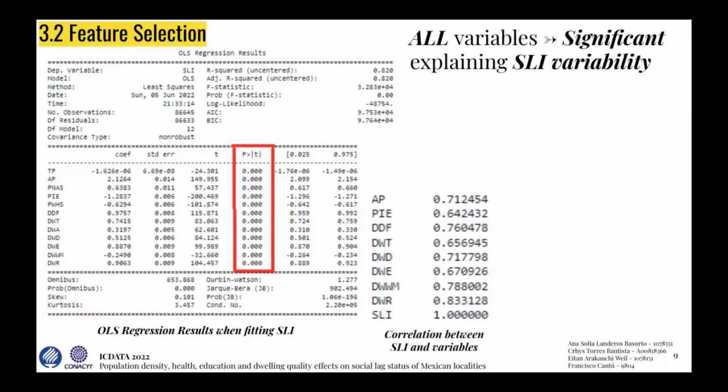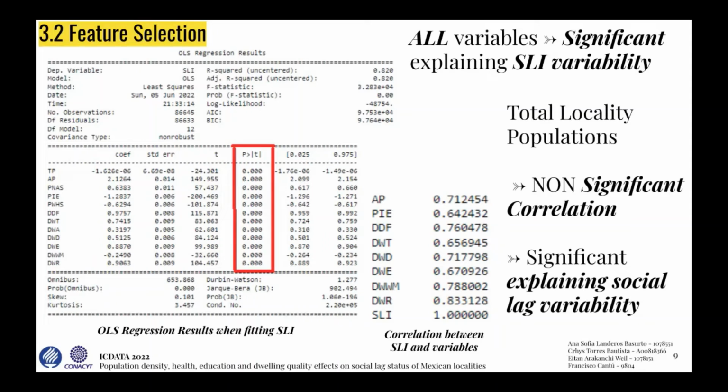But on the other hand, when checking the correlation between each factor and the social lag, it was seen that the correlation for the total population of localities was not significant. It's important to consider all the variables in the analysis because all the variables were significant in explaining the social lag index variability, even if the total population was not significantly correlated to the social lag.